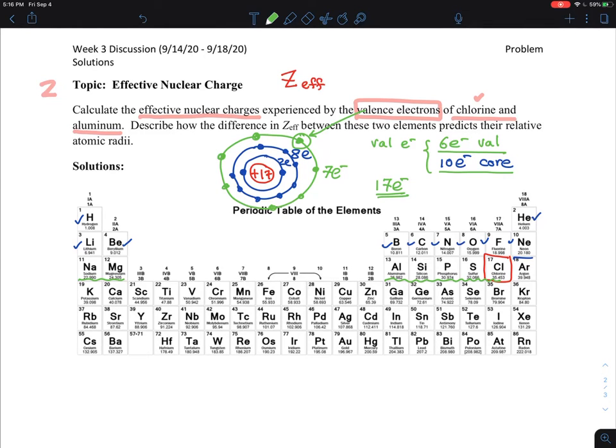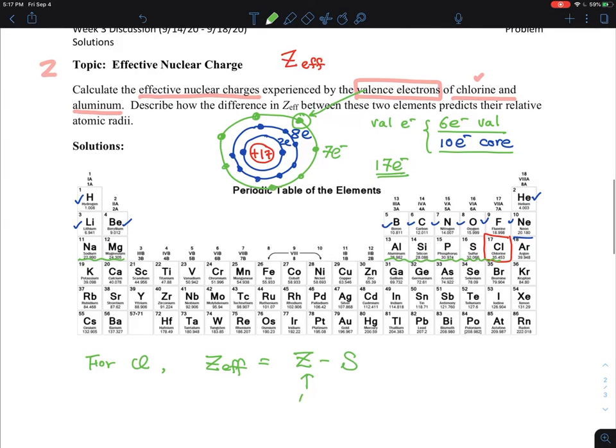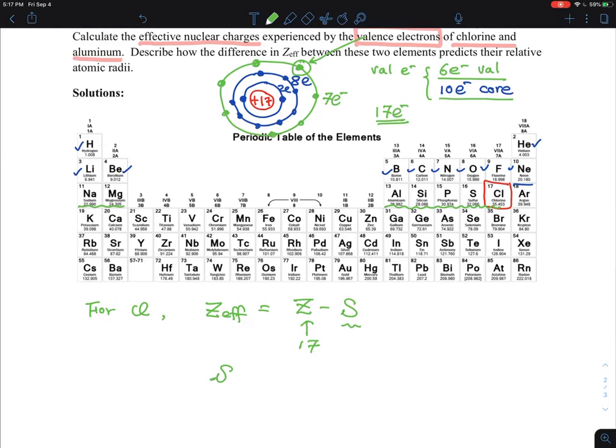For chlorine, Z effective is always Z minus S, and Z for chlorine is 17. But what about S?